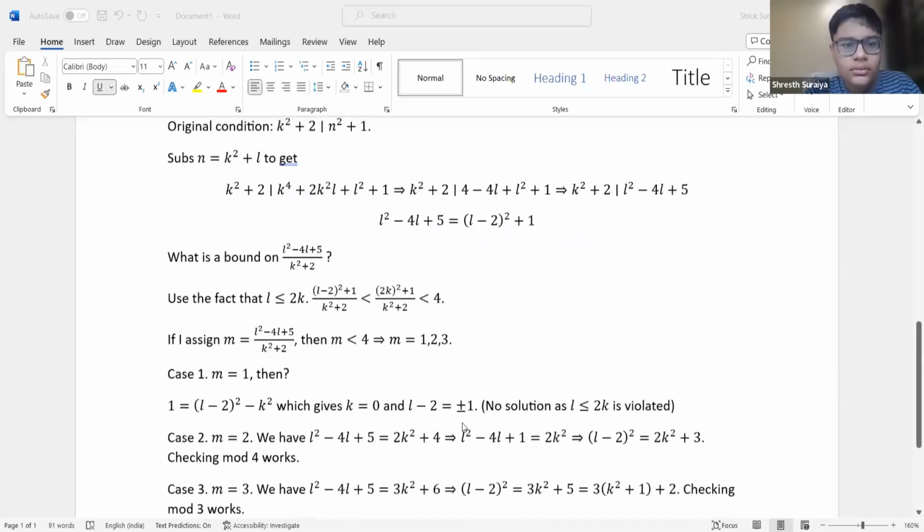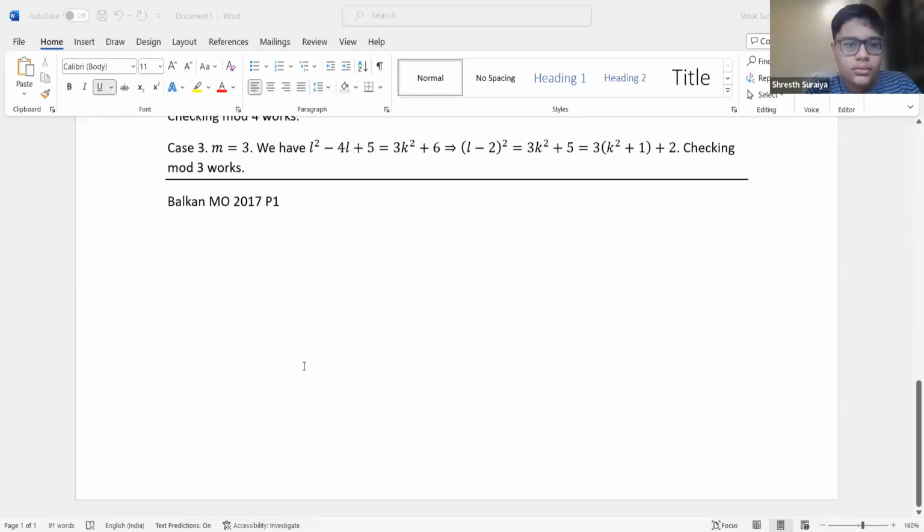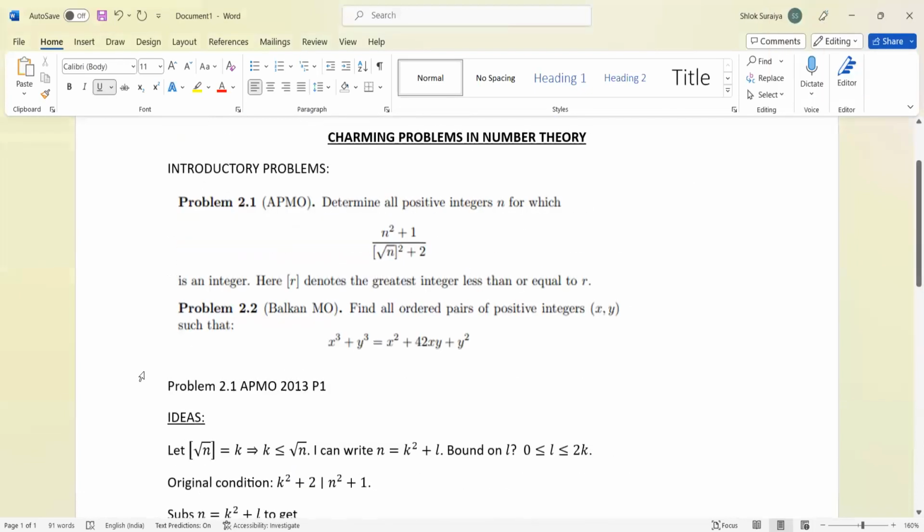Wait, is my screen visible? Right now it's not visible. Okay.